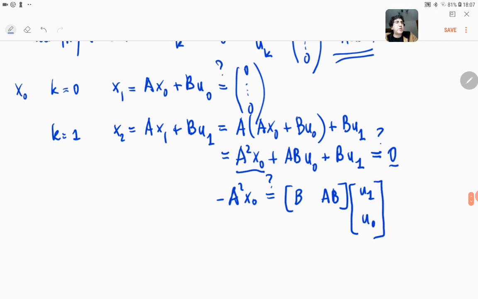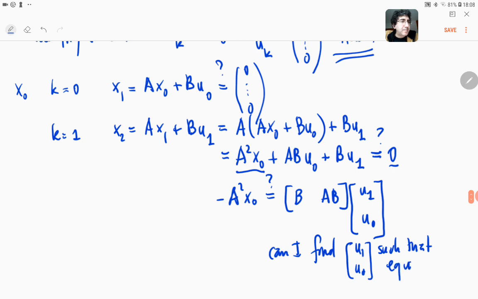So the question is, can you make this equality hold? Can I find u1 and u0 such that the equality holds?